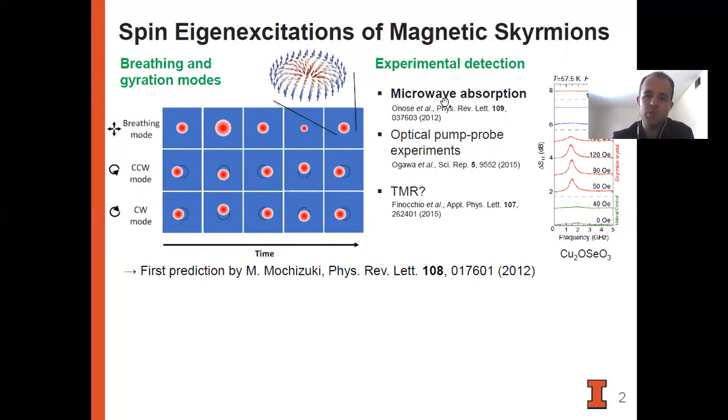The most common tool is probably microwave absorption spectroscopy, an example for which is shown here for this specific material, where you can see additional resonance peaks in the Skyrmion phase that don't occur in other phases and are related to the resonance modes of the Skyrmions. Another way would be to carry out optical pump-probe experiments. And people are also always thinking of new approaches like TMR measurements to demonstrate these modes.